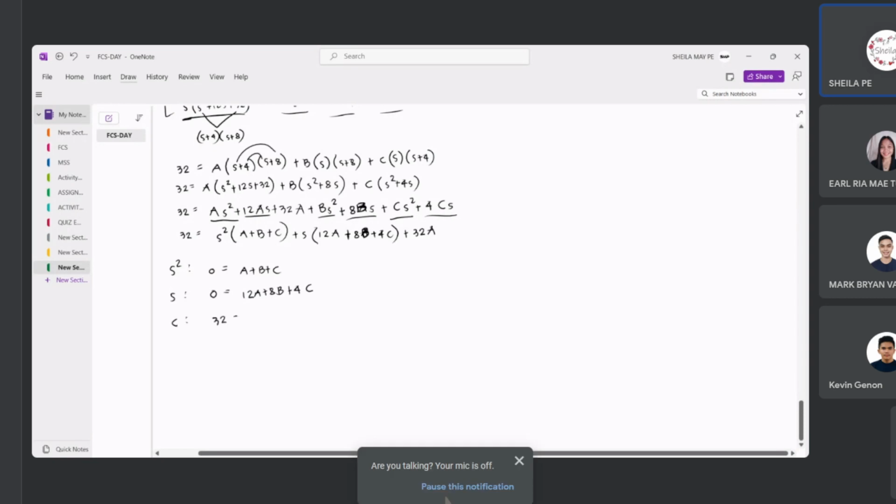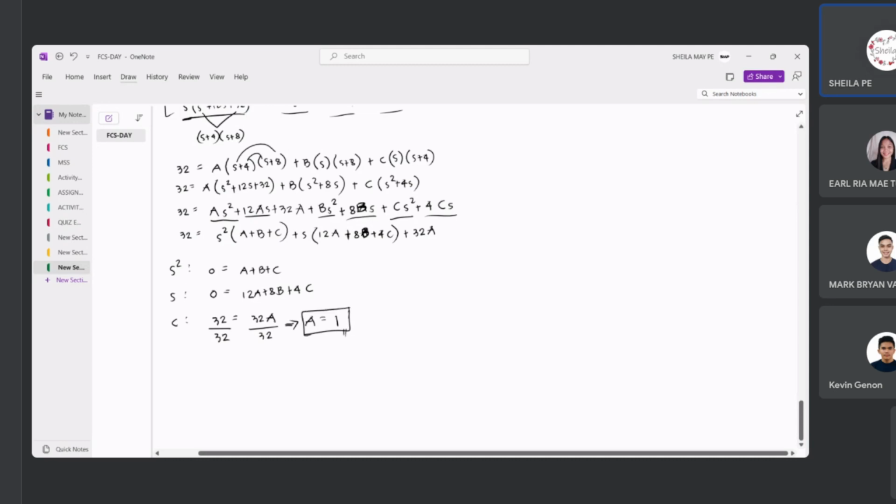Yes, that's 32, and on the right side, that's 32A. Looking at our three equations, the constant is the very simple one to manipulate. You just need to divide by 32, so you can have A equals 1.